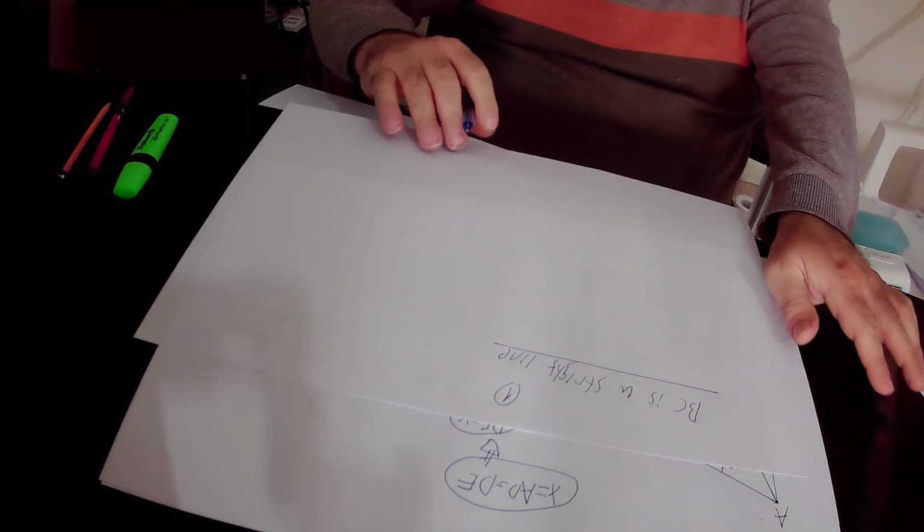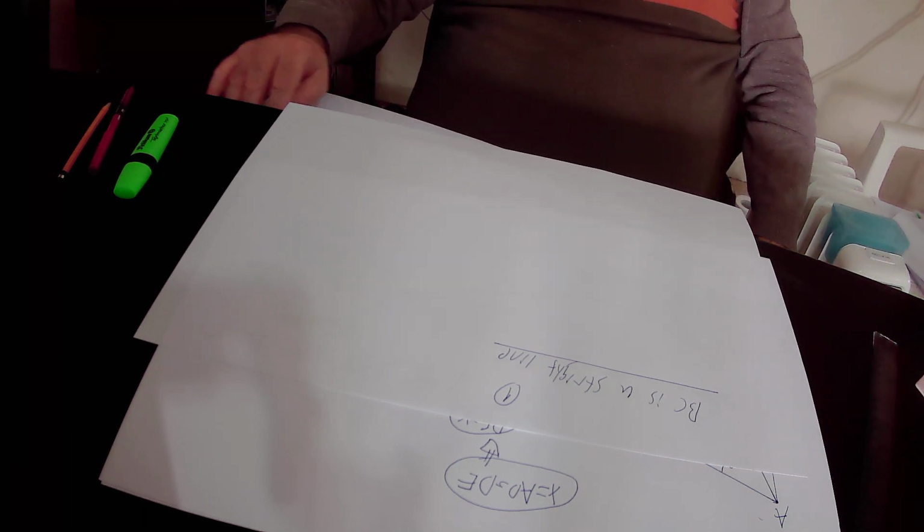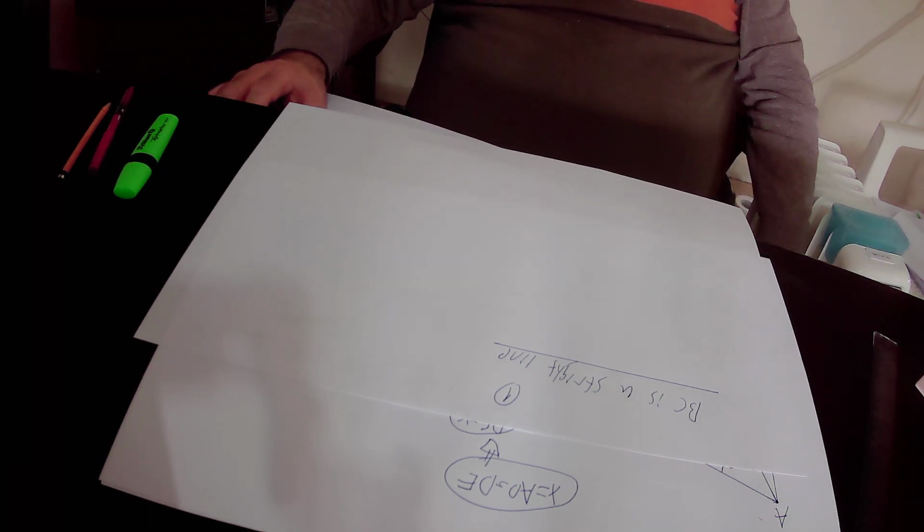And we have the rule that the sum of the angles on one side of a straight line equals 180 degrees.